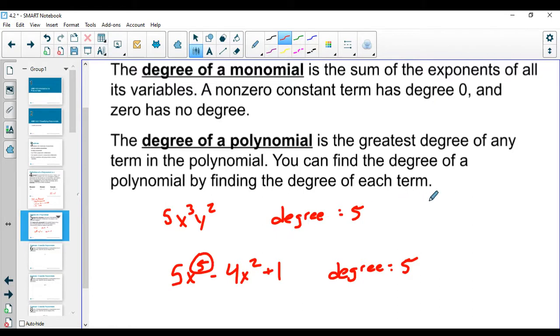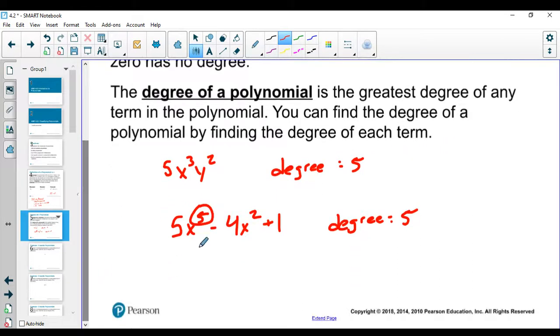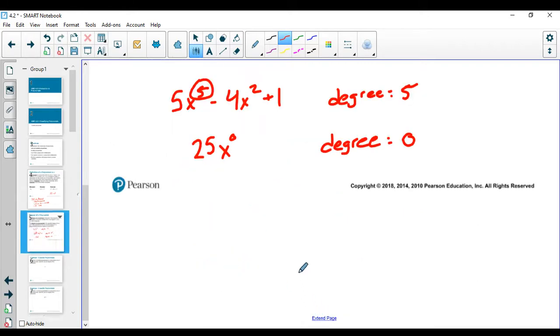And if our polynomial was just 25, then the degree would be 0 because it's kind of like we have an x to the 0 here, right? Something to the 0 is 1. 25 times 1 is just itself. So that's where that comes from.